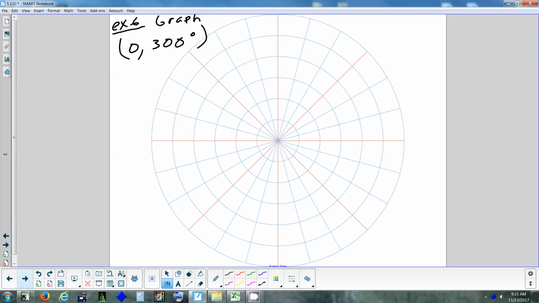All right, let's try this one. 0, 300 degrees. Anyone think they can tell me where that point is going to end up? Your radius is 0, but your angle is 300.